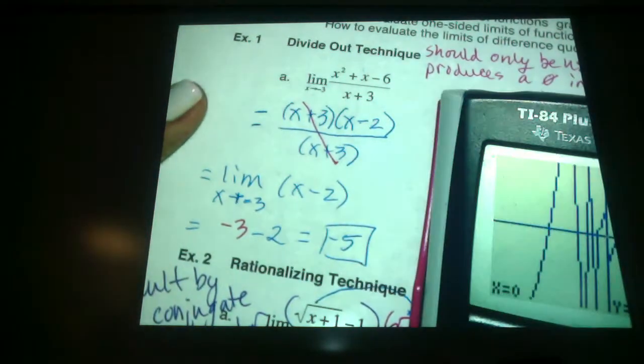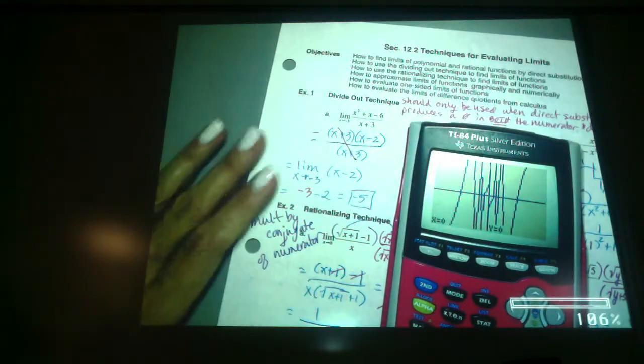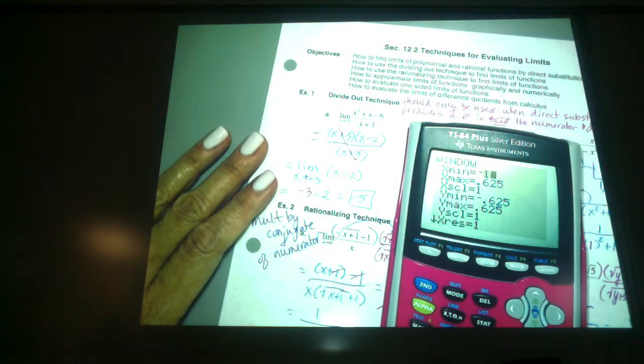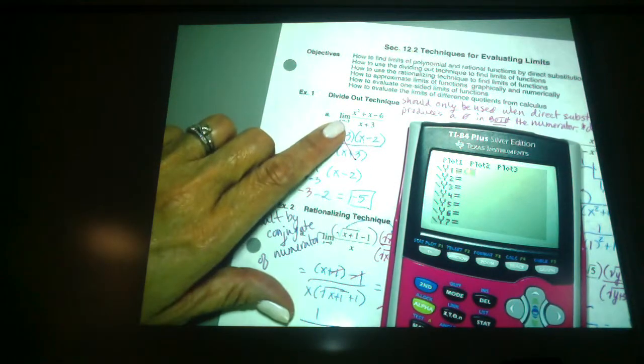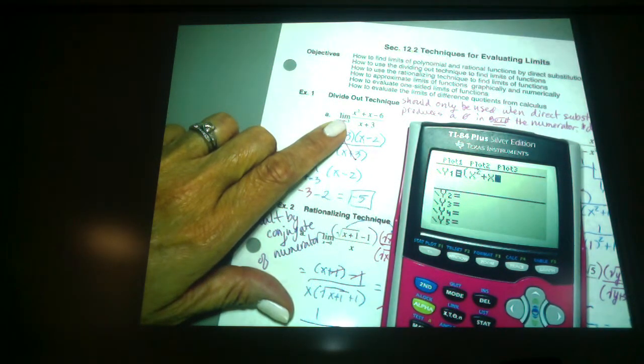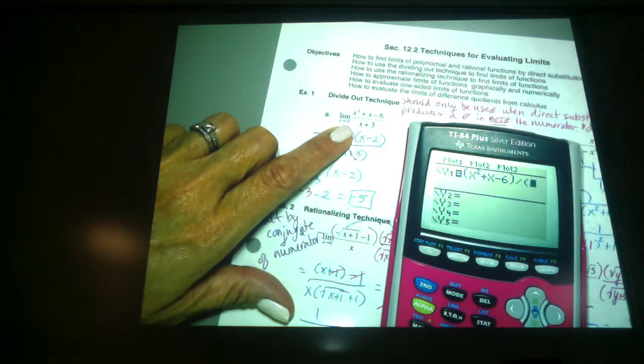If I actually look at that graph, so I'm going to go back to my standard viewing window. So if I put this in parentheses, x squared plus x minus 6 divided by parentheses x plus 3.